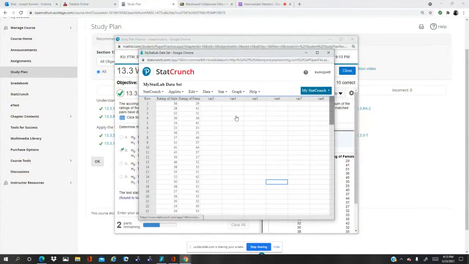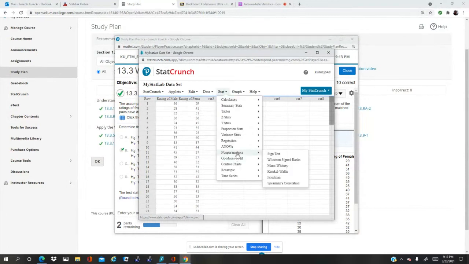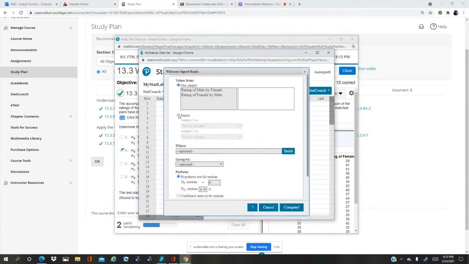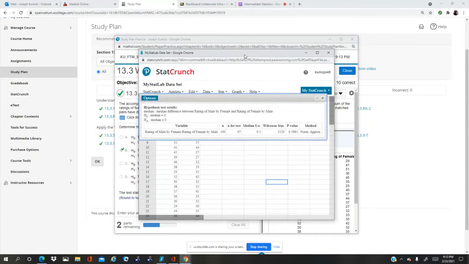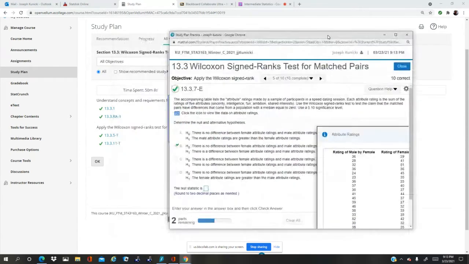Okay, so I do Stat, Nonparametrics, Signed Rank because it's matched pairs. Paired. Female, male, compute.